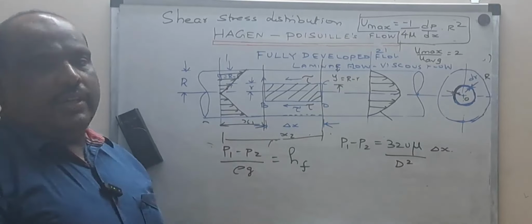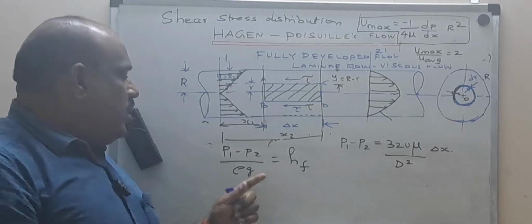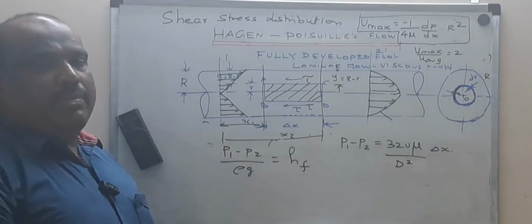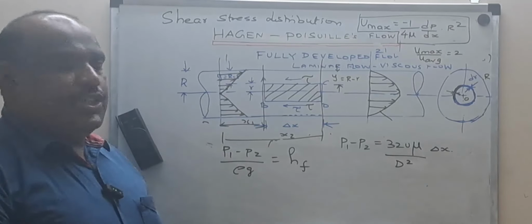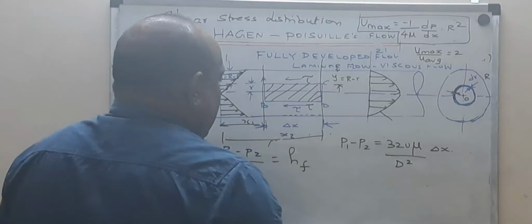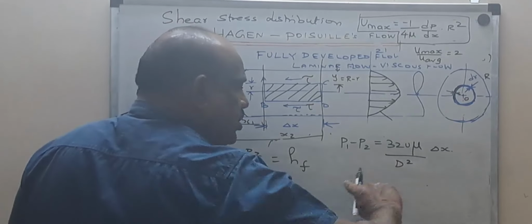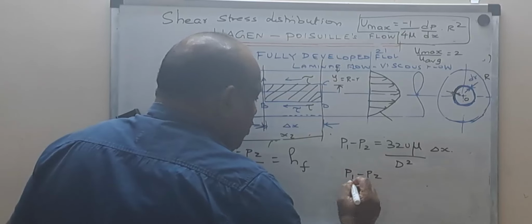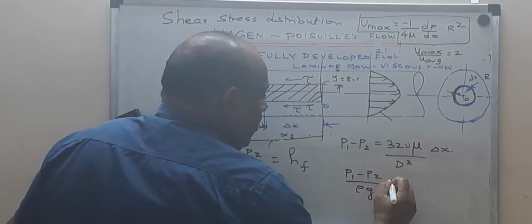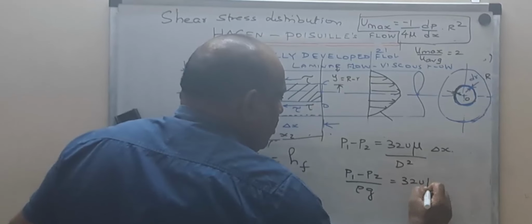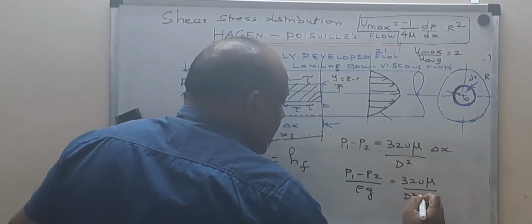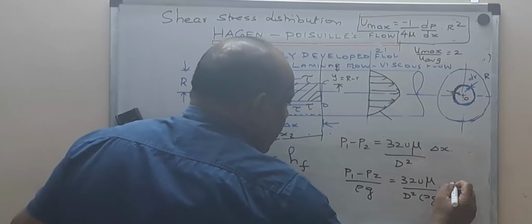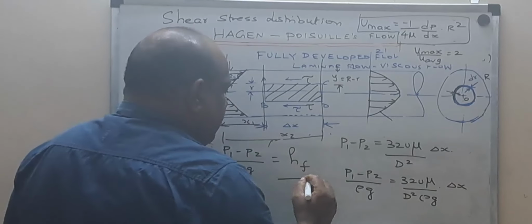Here the viscosity dominates the other effects. So I'll divide this term also by rho g on either side. So P1 minus P2 by rho g will be equal to 32 u mu by d squared rho g into delta x. Now this is obtained from Reynolds equation.